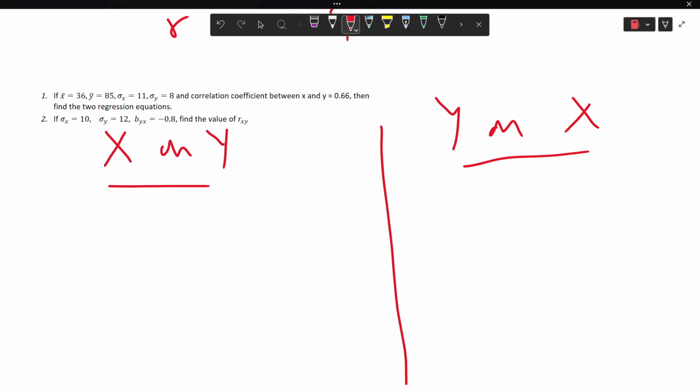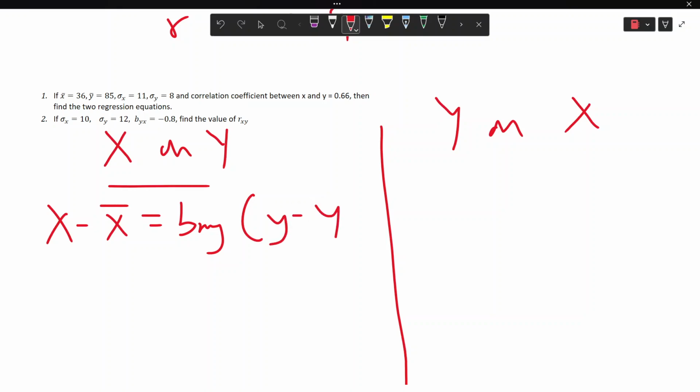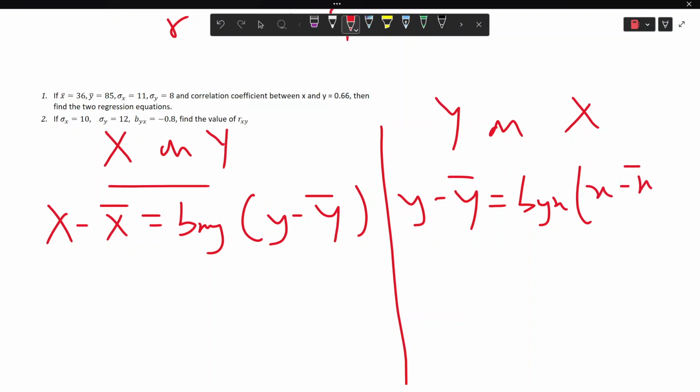Preparing the information given, we can easily use: x minus mean of x equals the regression coefficient x on y times y minus mean of y. The second is y minus mean of y equals the regression coefficient y on x times x minus mean of x.